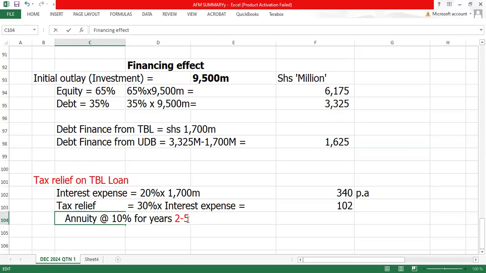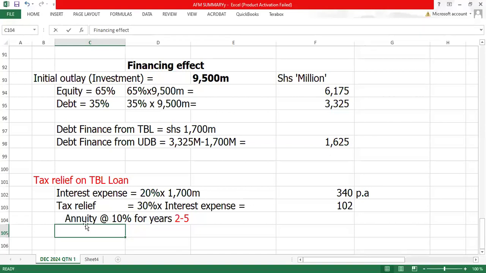So we start from year 2, and the one of year 4 will be claimed in year 5. That's why I'm stopping on year 5. So how do you get the annuity of this from year 2 to year 5?